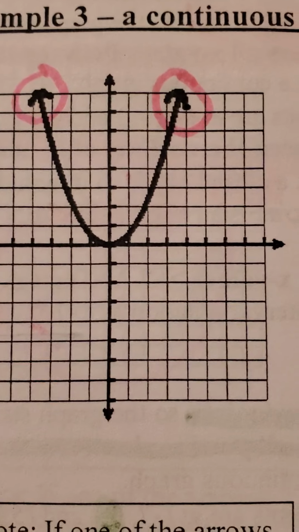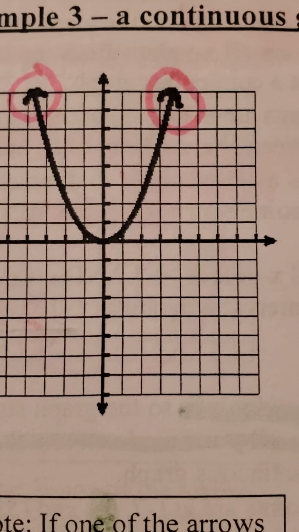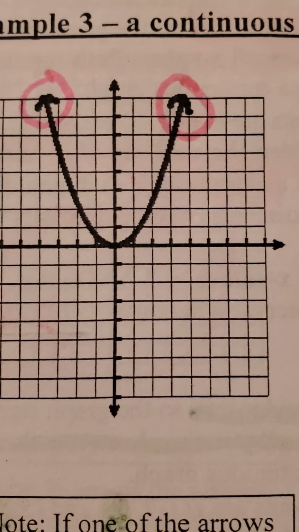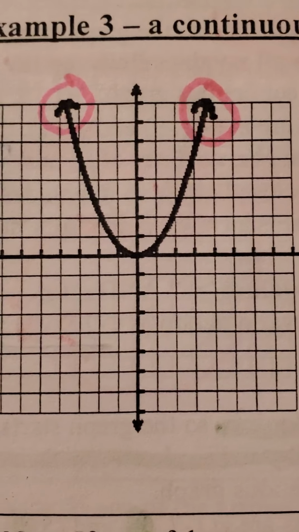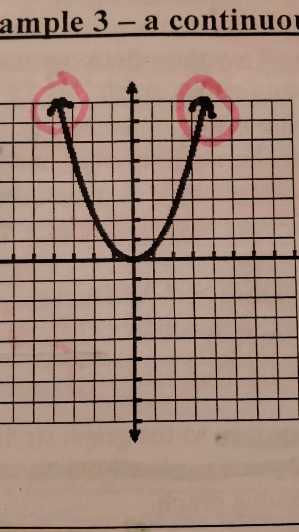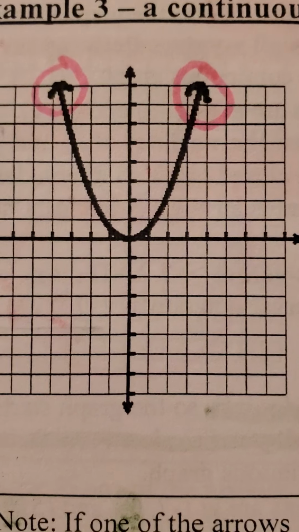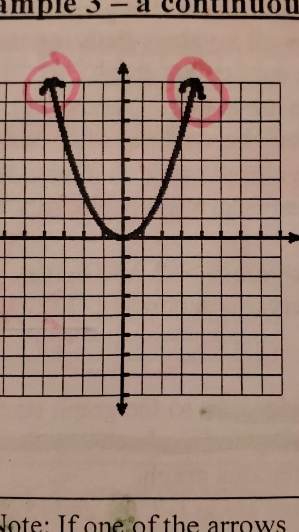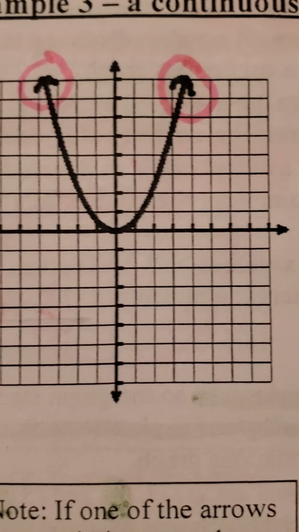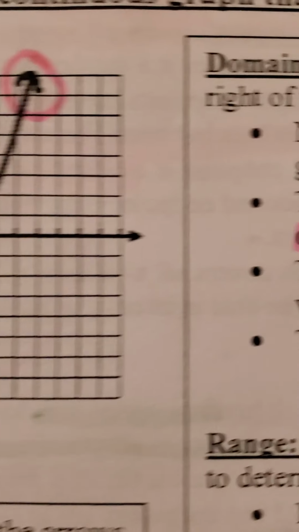So if my graph continued along the path of those arrows, I would go left forever and ever and right forever and ever. Well, that means you would have all numbers taken up. If you go left forever and right forever, all numbers will be in the graph that we would be looking at if we continued the lines.